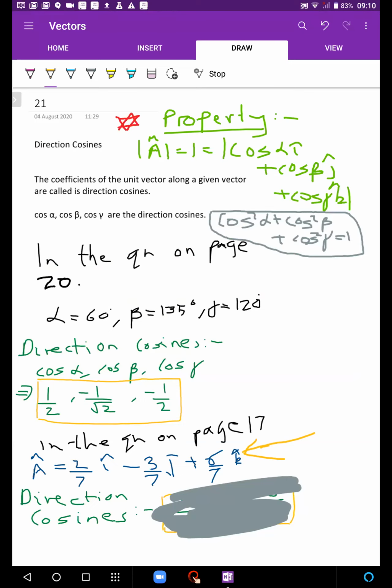The coefficients themselves. So not just 2 by 7. Yes, the coefficients themselves, 2 by 7, minus 3 by 7, 6 by 7, they are your direction cosines. So you can do it two ways.